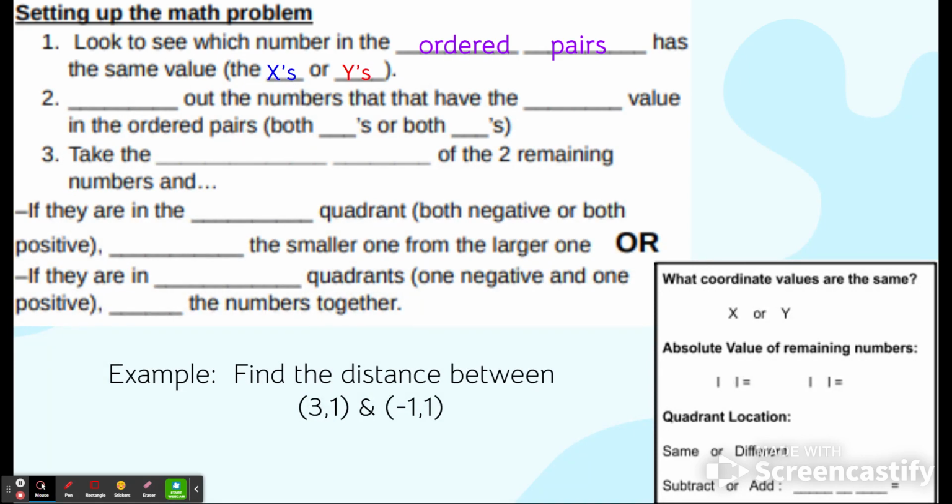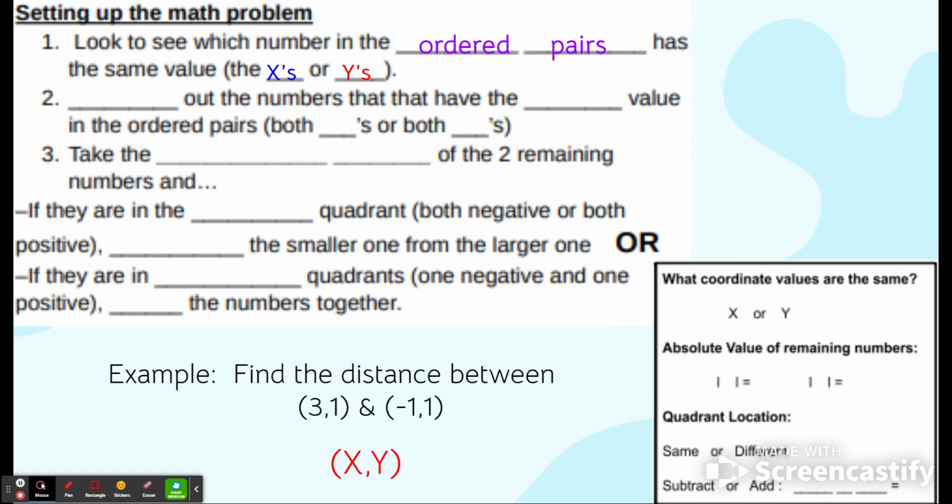To have the same value, it doesn't only have to be the same number, it has to have the same sign. It has to be the exact same. So if we look down here at our ordered pairs, our (3, 1) and our (-1, 1), which value is the same? Remember, our first number is our x value, and our second number is our y value.